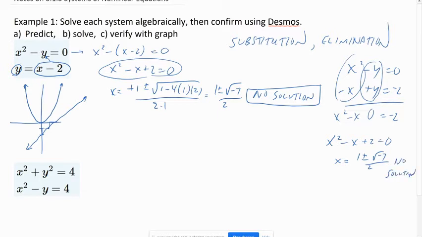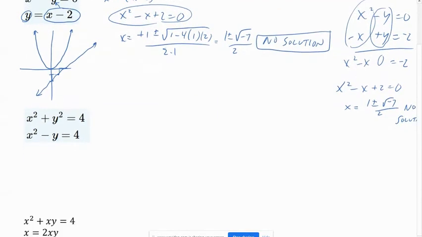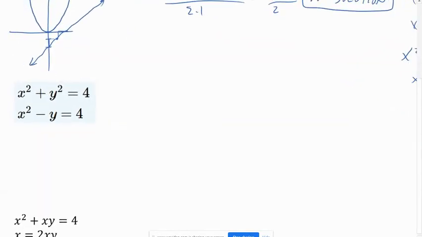Okay, so that problem could have been solved either way, by using substitution or by elimination. Let's take a look at the next example. In this one, we can make a prediction. Our first curve is a circle with a radius of 2 centered at the origin. So that would look something like that. And then the second equation, if I solve for y, would be y equals x squared minus 4.